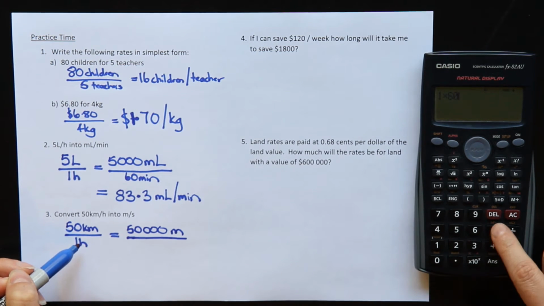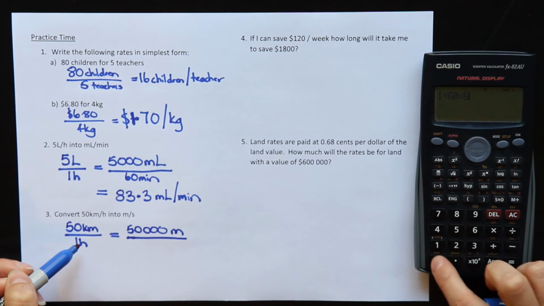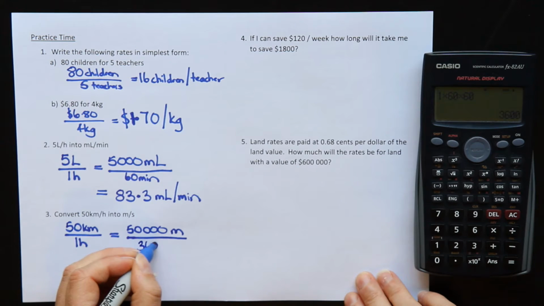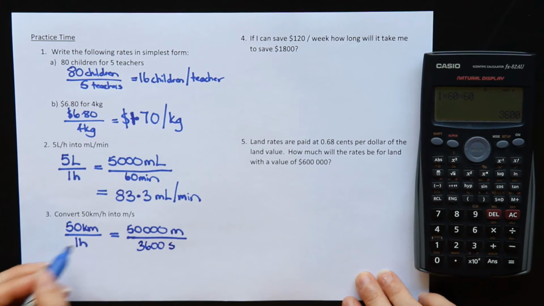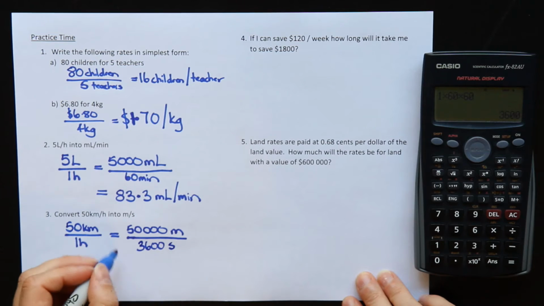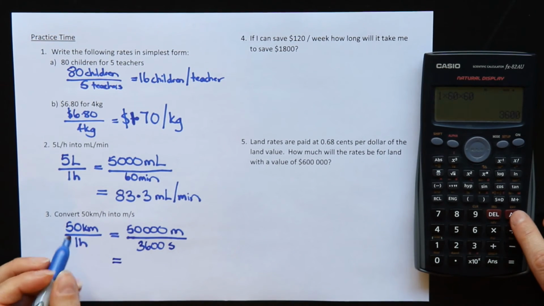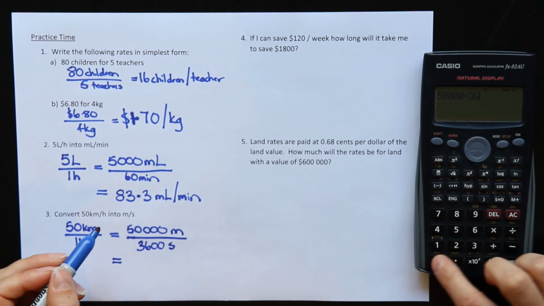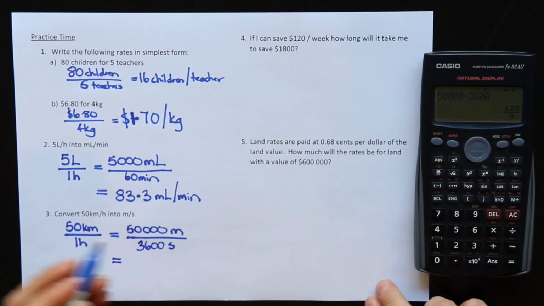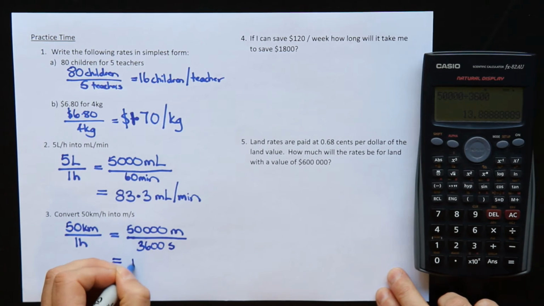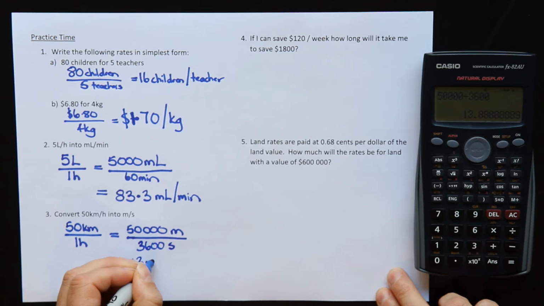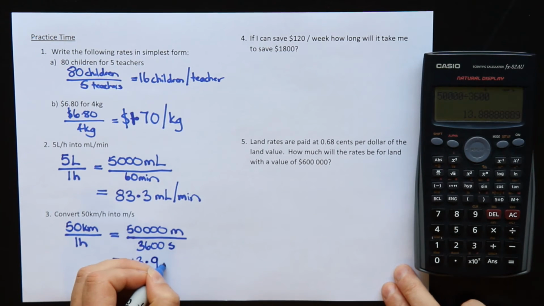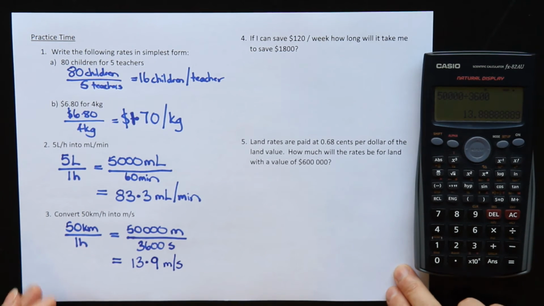But there is also 60 seconds in a minute, so we have to times that by 60 again. There is 3,600 seconds in every hour. Okay, that was a little bit tricky there. So now if we divide 50,000 divided by 3,600, we get 13.9 meters per second, if we round to one decimal place.